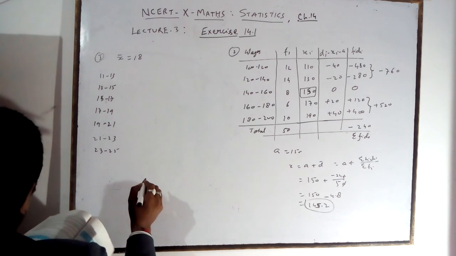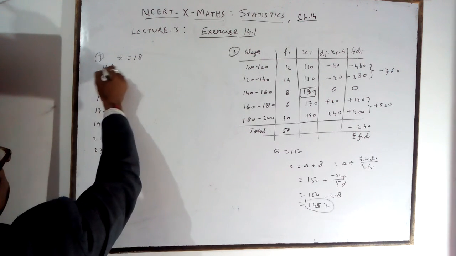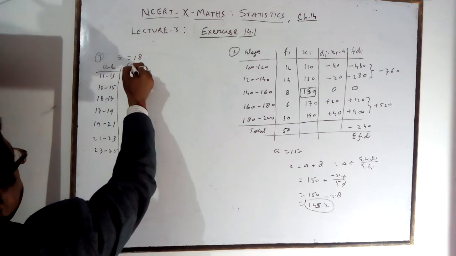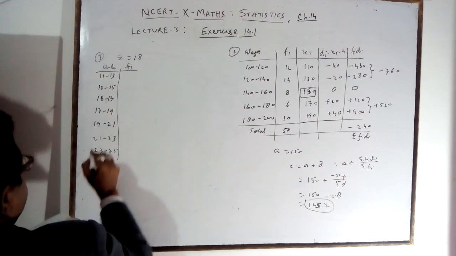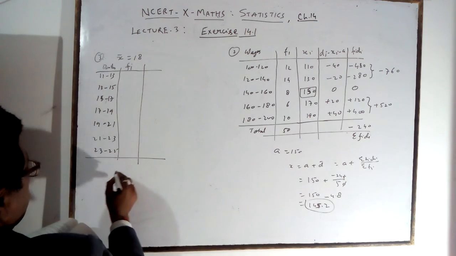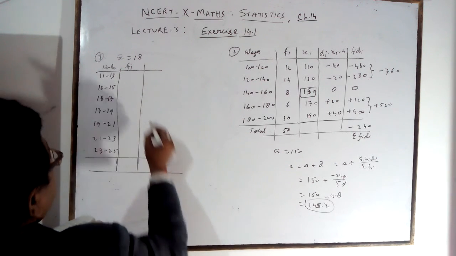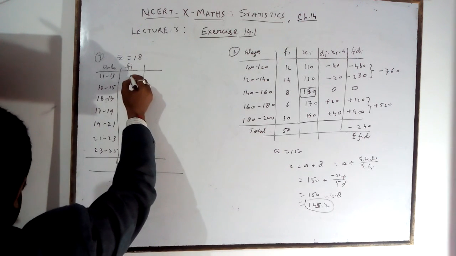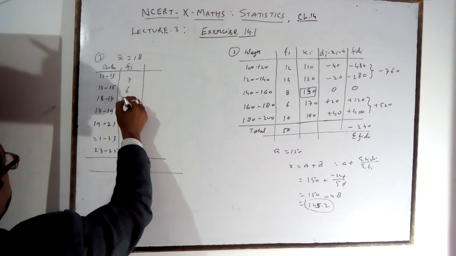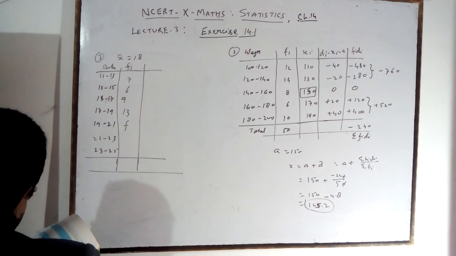It is the daily pocket allowance, and then the number of persons, fi, is given in different forms. How will you calculate it? It is very important, because there is a missing frequency. The frequencies are 7, 6, 9, 13, f, 5 and 4.